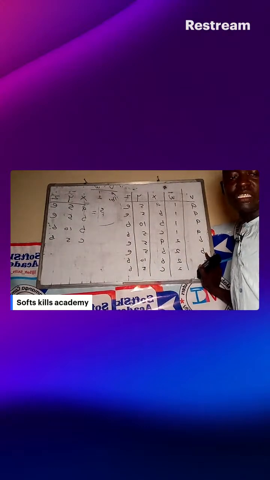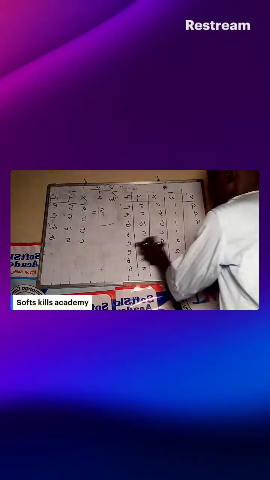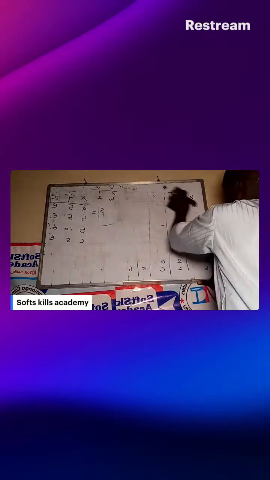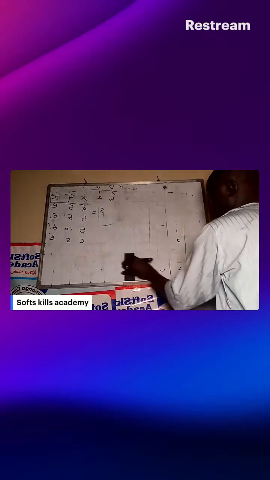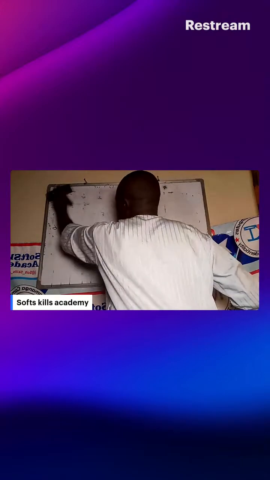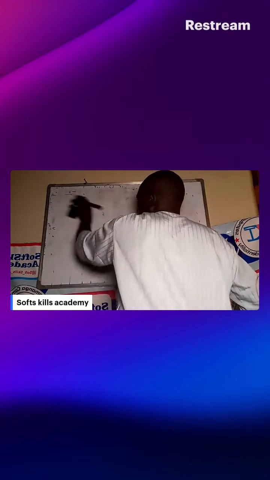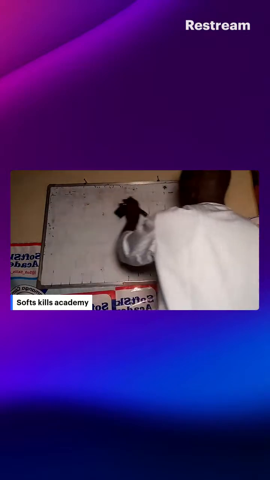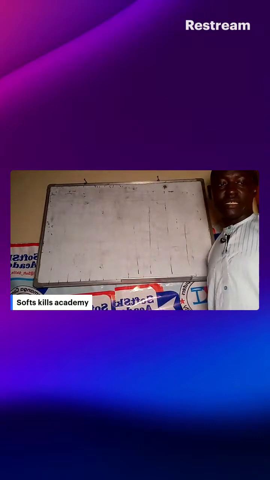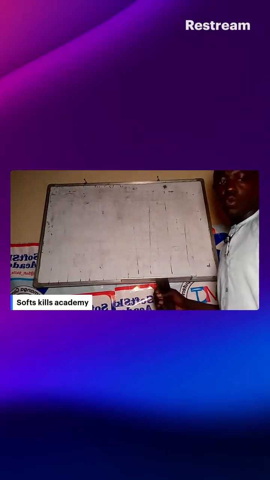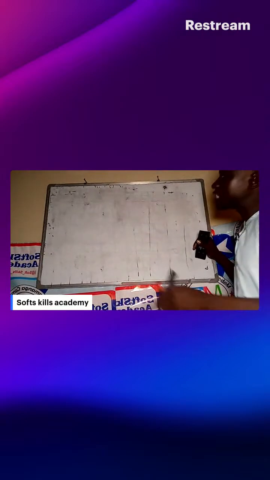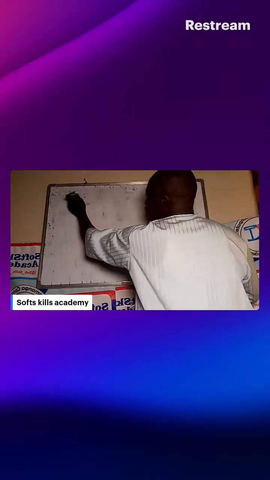So the next one is the union of two relations. Finding the union of two relations is just like the normal set union you used to do in your statistics. So let's assume we have relations R and S as given below, but this time around it's going to be a union.